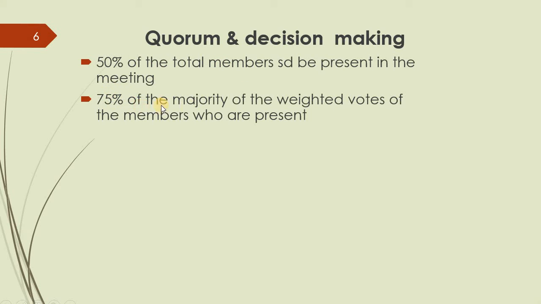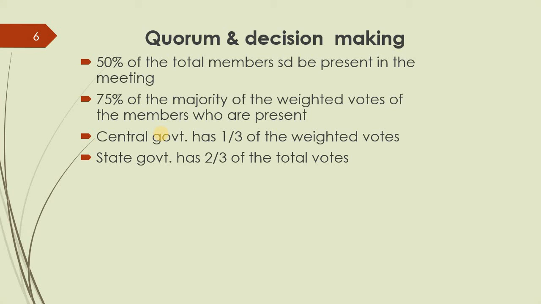Then 75% of the majority of the weighted votes of the members who are present. There should be 75% of the majority of the weighted votes passed in favor of any decision. If it is less than 75%, then that decision cannot be taken. Out of the total members present, 75% of the weighted votes should be in favor of the decision.